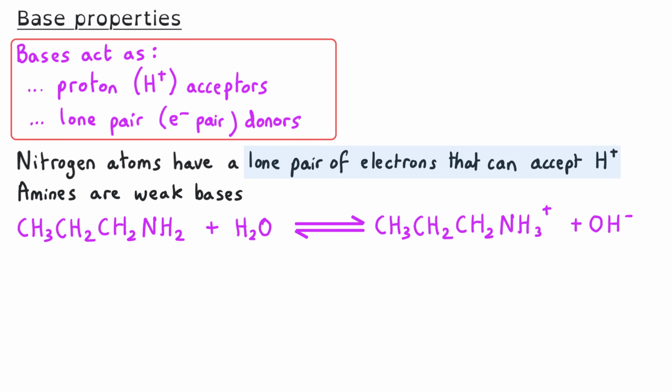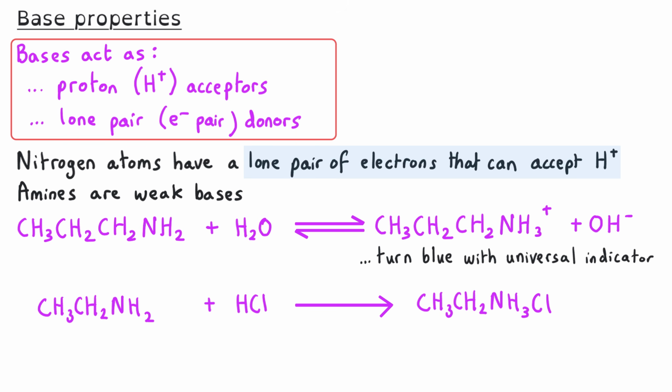For example, if we reacted propylamine with water, we would get an equilibrium which produces a protonated amine and hydroxide ions. And this would show a colour change with an indicator. For instance, we would see a blue colour with universal indicator.